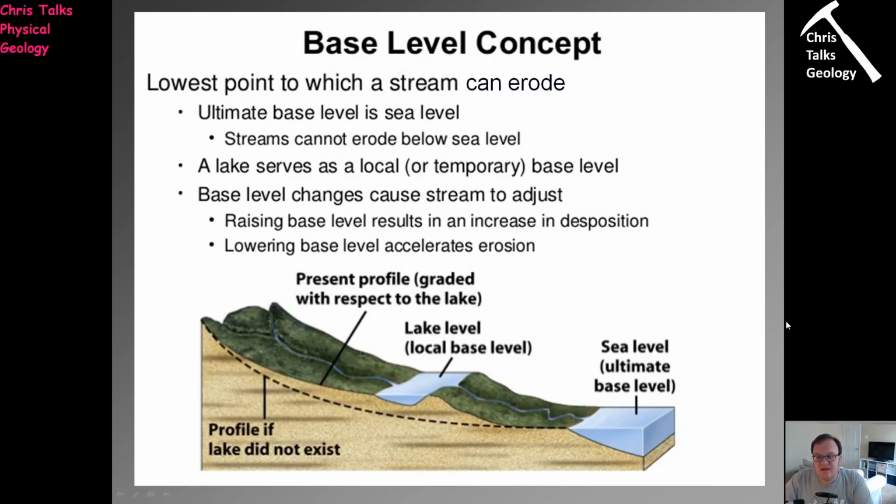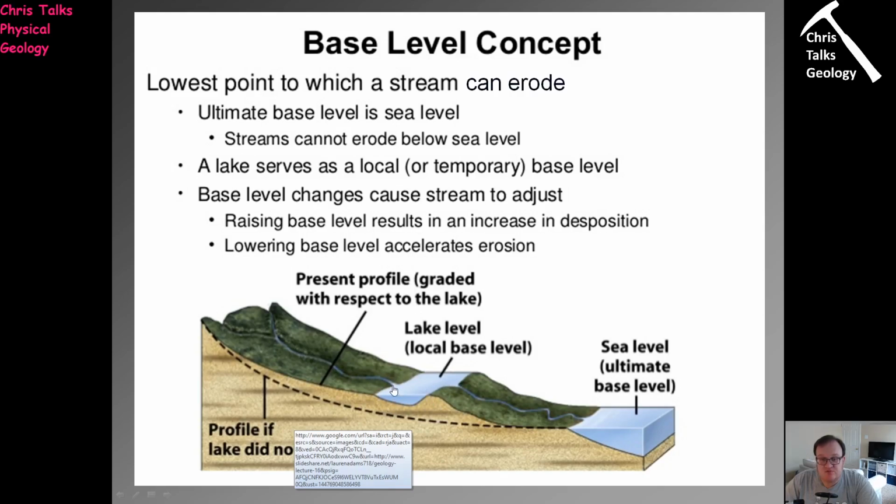So this diagram here just kind of summarizes the base level concept. So as discussed, your river wants to achieve this perfect concave profile, and it will do that through eroding material and depositing material. Now in this case, the ultimate base level for this particular river is going to be the sea. So that's going to be base level right here. But what you can see is as the river is progressing along, there is actually a lake in the way.